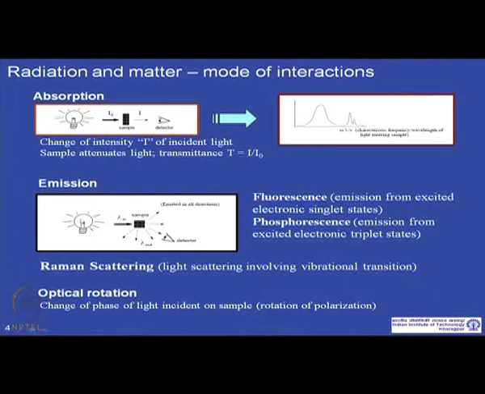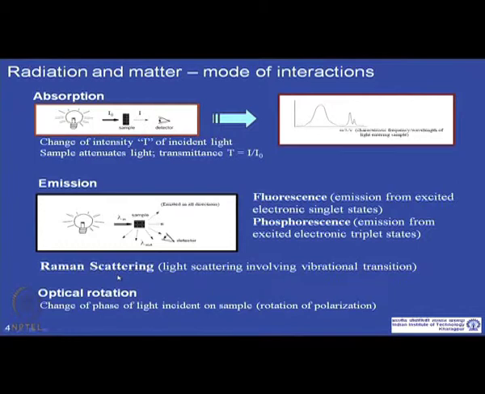In terms of emission spectra, when we shine light on the sample, it can absorb and then emit, maybe at the same wavelength or a different wavelength, and with the help of a detector we can get the intensity of this emitted radiation. The different types of emission spectra we can use are fluorescence, emission from excited electronic singlet states, and phosphorescence, emission from excited electronic triplet states.